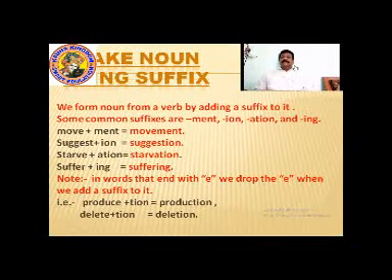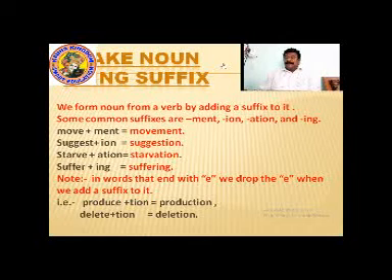Deletion. So we have seen the suffixes and how they are used: ment, ion, ation, and ing. We can form noun from a verb by adding a suffix to it.